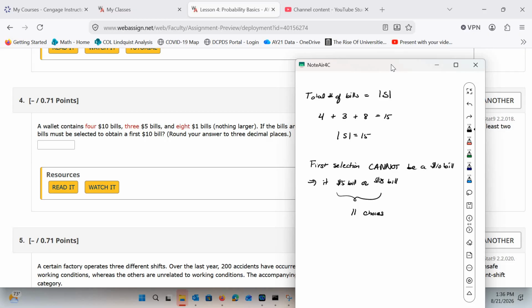So it's pretty simple. I get that my probability, at least 2 selections are needed, is going to be 11 over 15.